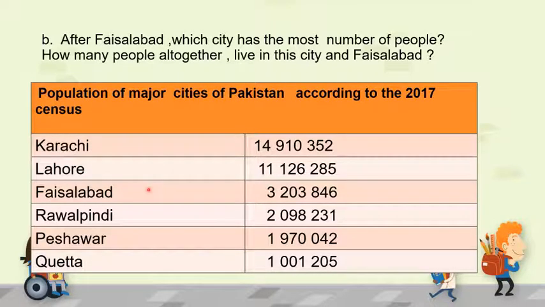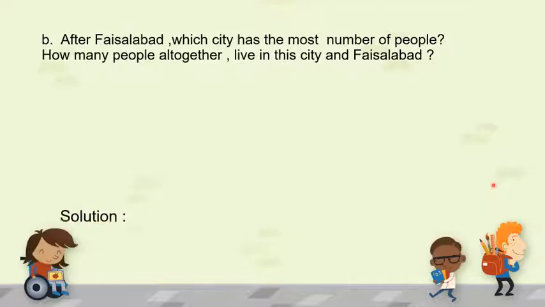You can see here in this table that the population of Faisalabad is 3,203,846, and the population of Rawalpindi is 2,098,231. All other cities are smaller, so exactly after Faisalabad, the most number of people live in Rawalpindi. So we are going to solve this question now.